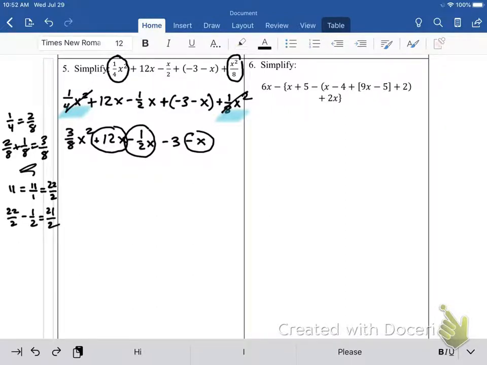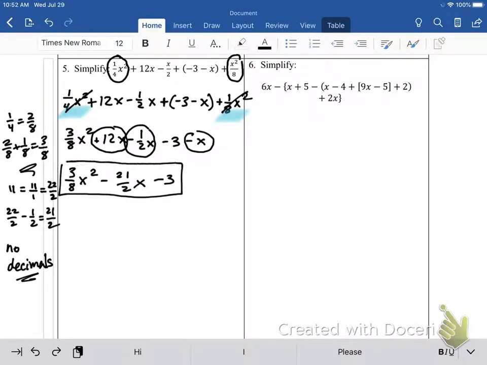Now your calculator is going to give you 10.5. You really don't want to start looking at decimals. We don't favor decimals at this level. So try to avoid them if you can. Okay, so 3/8 x squared, and then this becomes minus 21 halves x, and then the minus 3 doesn't have any friends, so there you go. This is the trinomial in standard form.